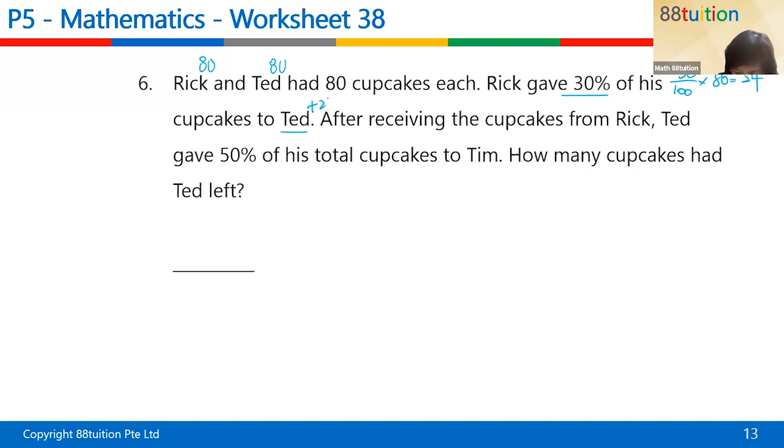So Ted must have 24 and Rick must minus 24. Okay, so after receiving the cupcakes from Rick, that means Ted himself must have 80 plus the 24, which will be 104, right? He gave 50%, that is half of 104 to Tim. So 104 will be 52. So this one just left with 52.